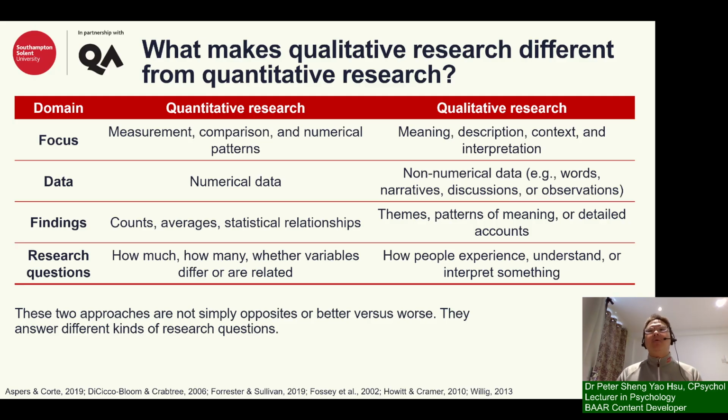Once we understand what qualitative research is, we need to think about how it is designed. In qualitative research, design decisions are closely connected to subjectivity, reflexivity, and sampling.